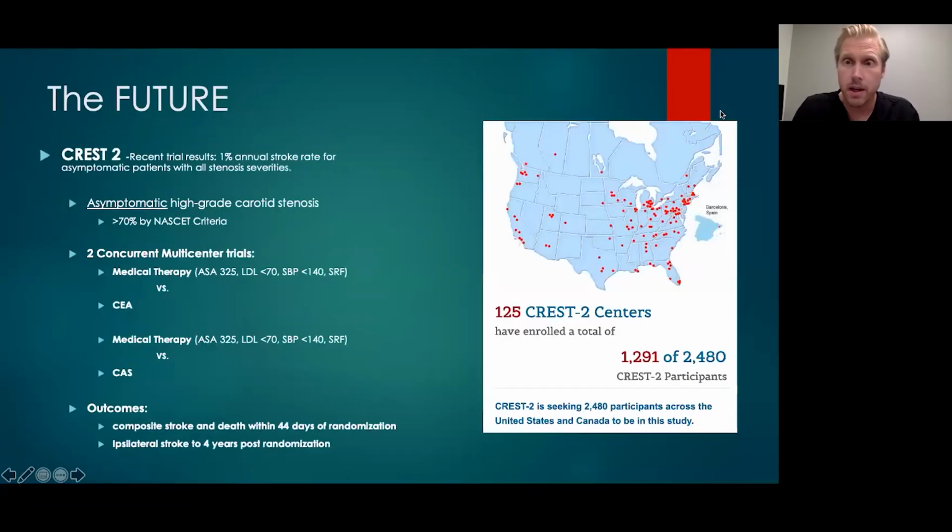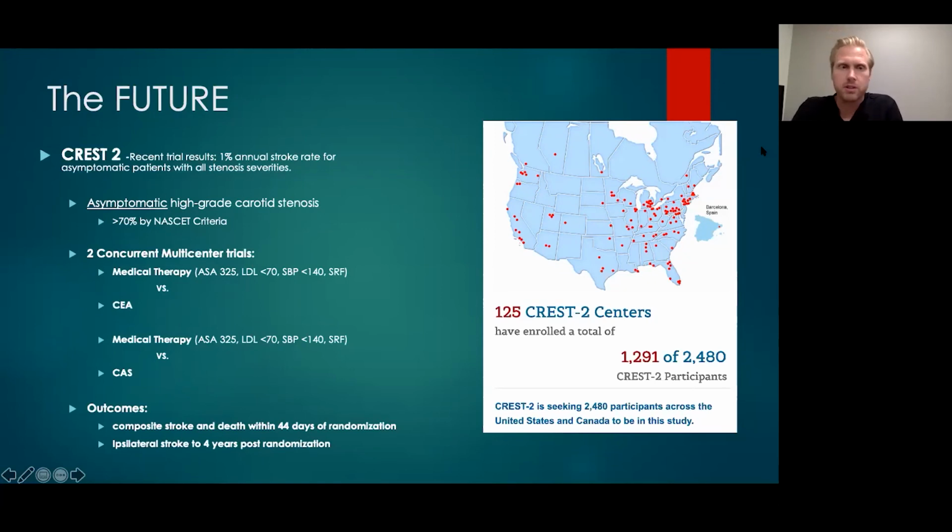So asymptomatic patients and symptomatic patients are currently being enrolled, and this is a little out of date. I actually forgot to look up and see where they are now, but there's a trial called CREST-2, which I believe some of the future speakers will talk about, covering all the different ways in which you can intervene and the evidence for that in carotid stenosis.